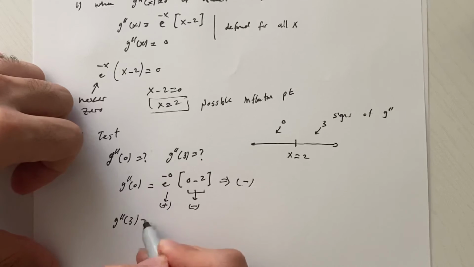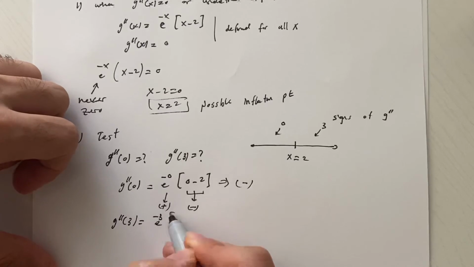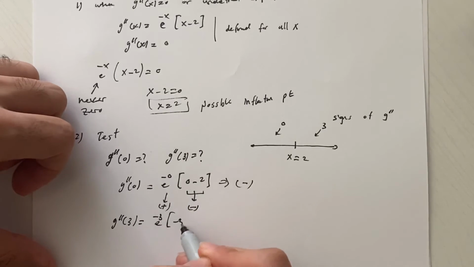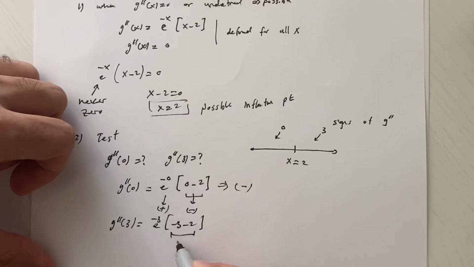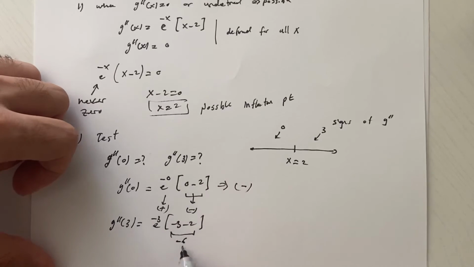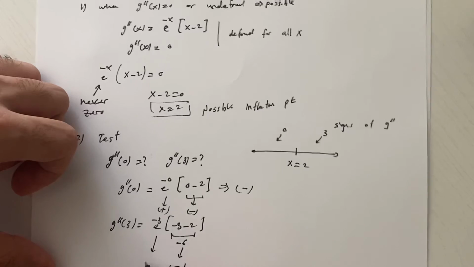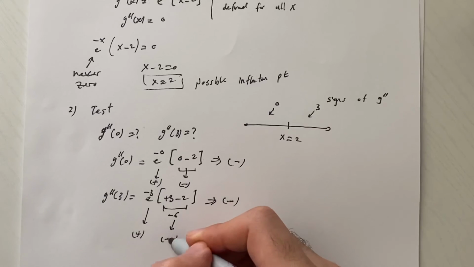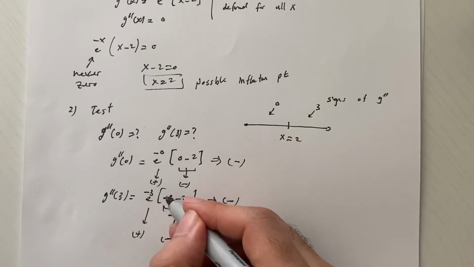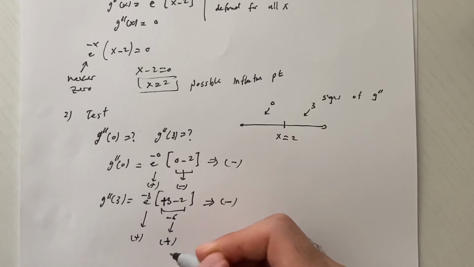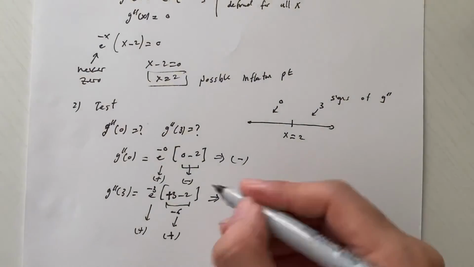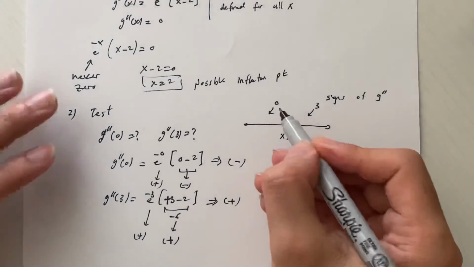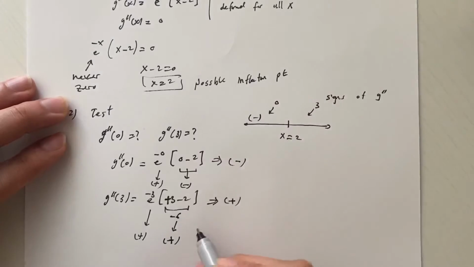And then I'm gonna take x equal to 3, and I want to know what the sign of the second derivative is. Notice this is not minus 3 minus 2, it's actually plus 3 minus 2. So I'm gonna fix this. So plus 3, then it's gonna result in a positive sign in here. So positive multiplied by positive will result in a positive sign.